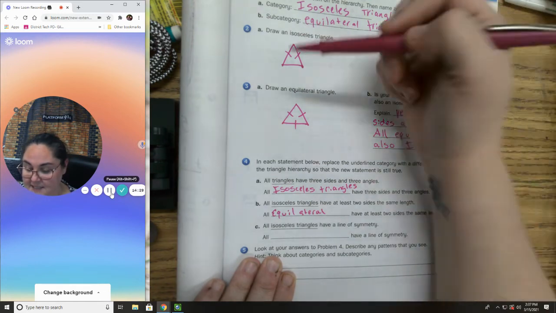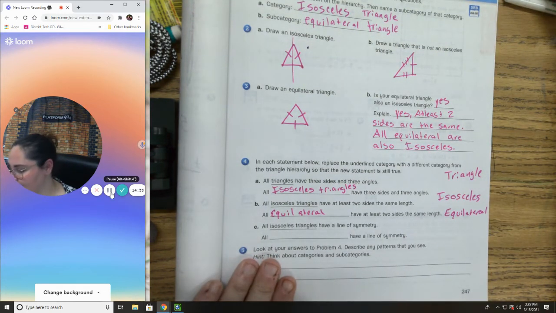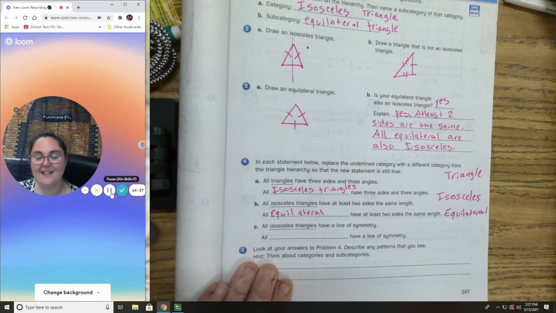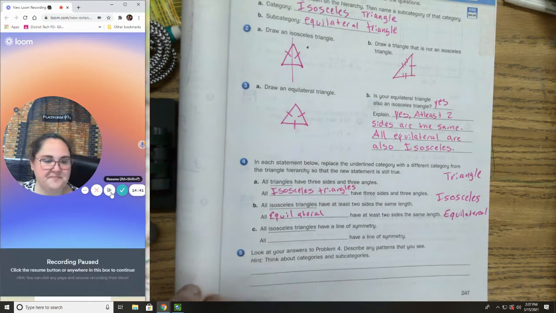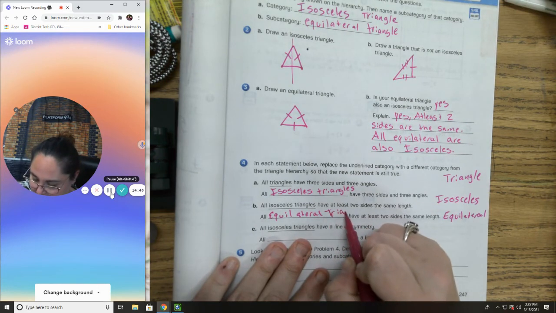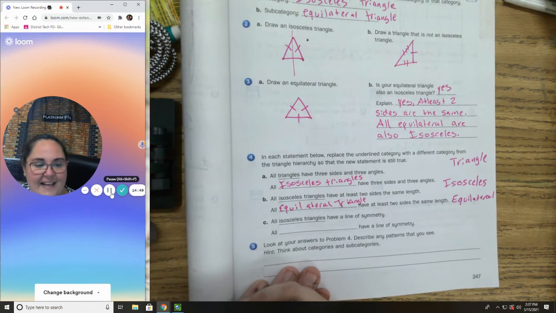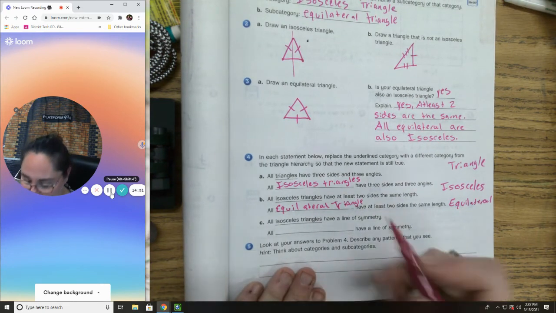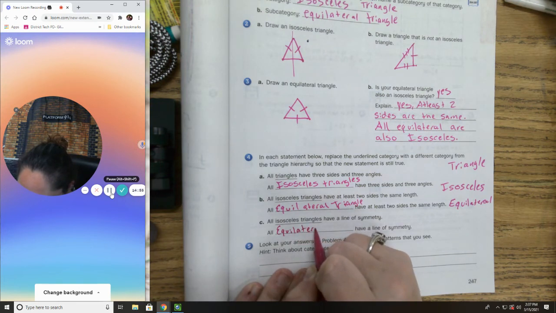So if I take an isosceles triangle, I can do this and it's a line of symmetry. What other triangle has to have a line of symmetry? What word would you put for number 4C? I forgot to put my word triangle. All right, an isosceles does, but so does an equilateral. Equilateral.